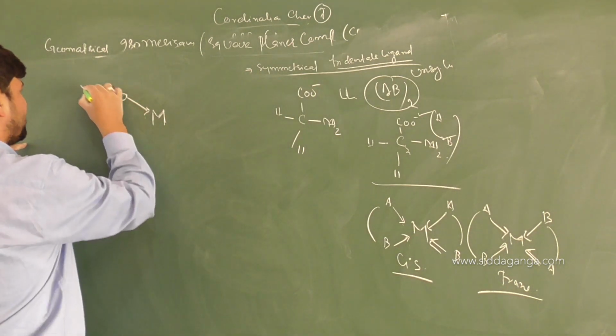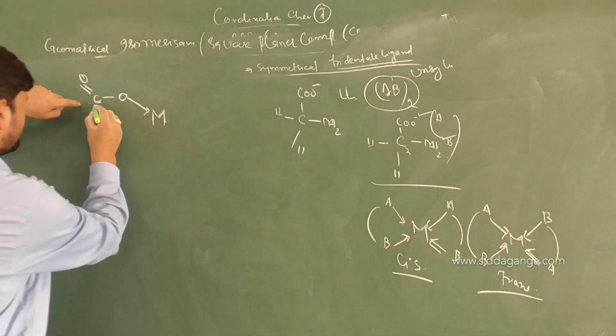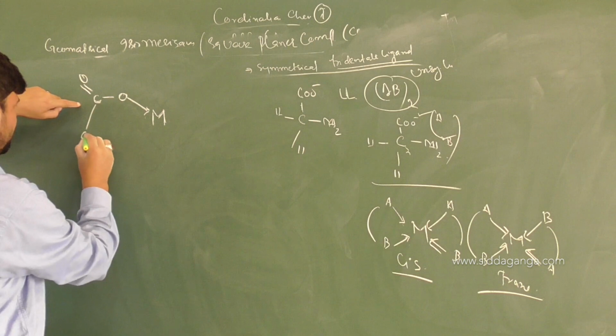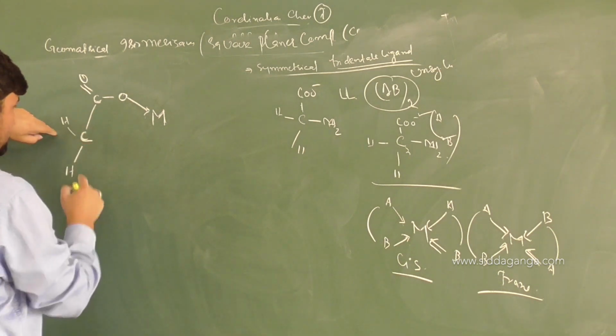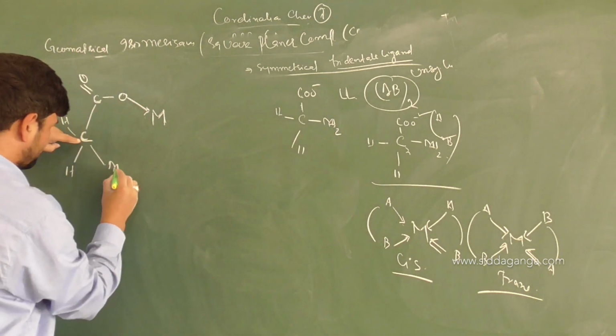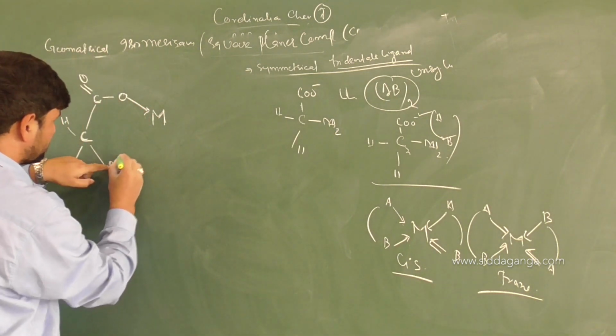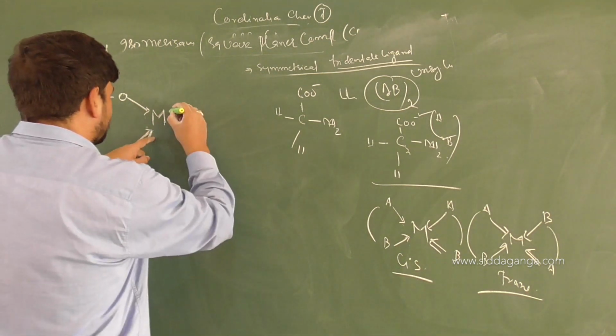Carbon, which has a double bond. Then which is attached to what? Carbon, with 2 hydrogens attached to it, and that carbon is attached to what? NH2. So I will mention that NH2 here. This nitrogen is also donating a lone pair of electrons. Correct?